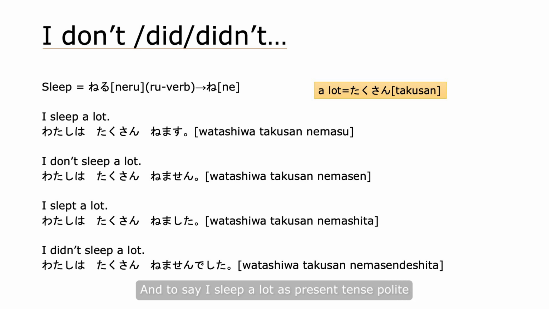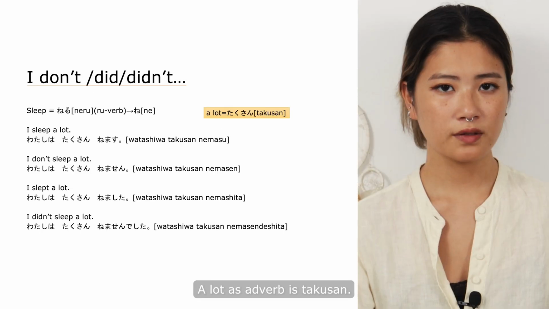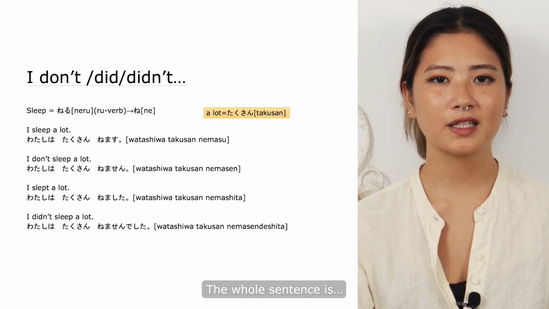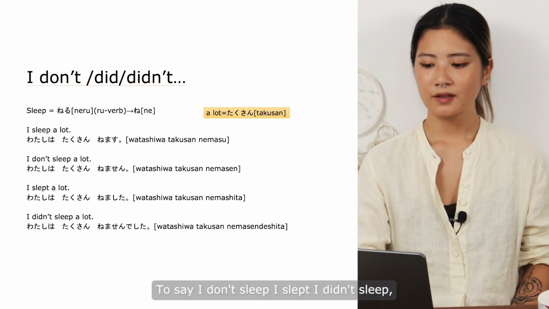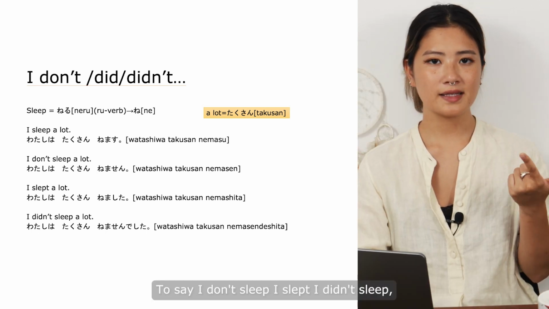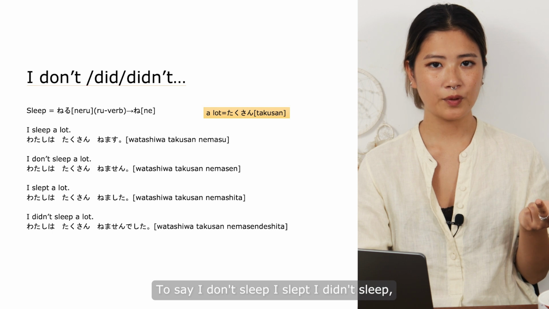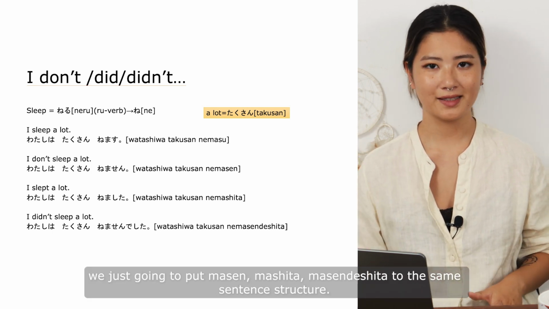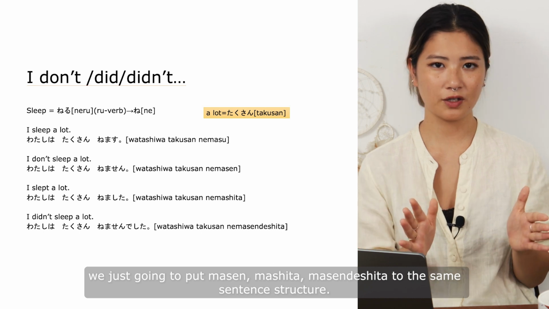To say I sleep a lot in present tense polite, you put ます to the conjunctive form, so it's 寝ます. A lot as an adverb is たくさん. So the whole sentence is 私はたくさん寝ます. To say I don't sleep, I slept, I didn't sleep, we just put ません, ました, ませんでした to the same sentence structure.